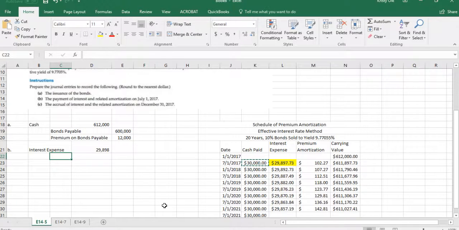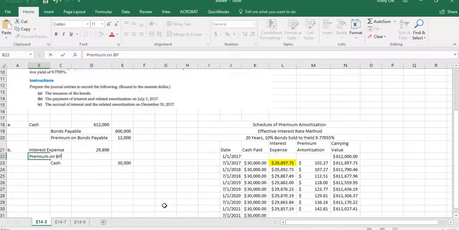It also tells us that we are paying out cash of $30,000. We can't get away from that. That is in the contract. So therefore, we have to enter our amortization on the premium of 102.27. Therefore, we're now balanced and we move forward.